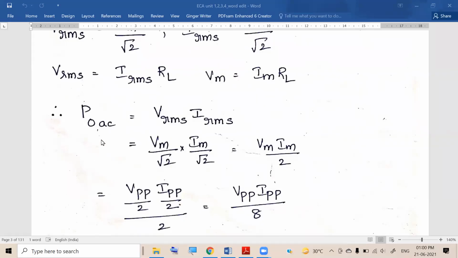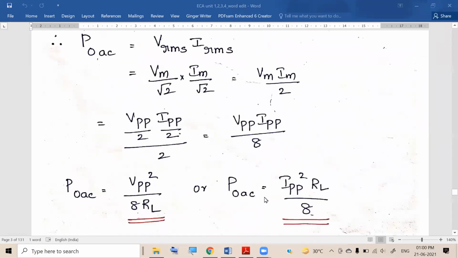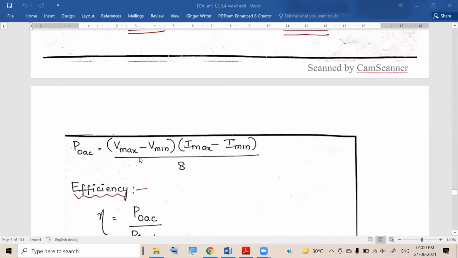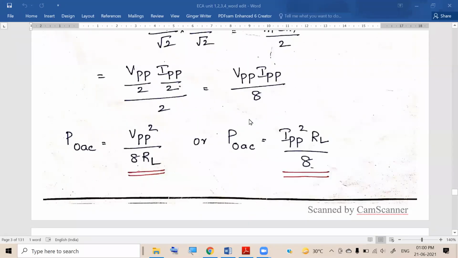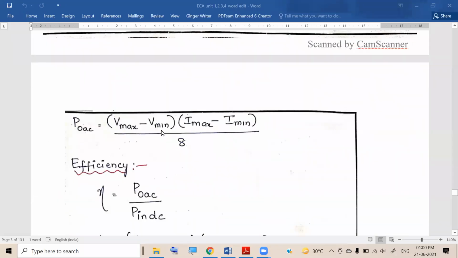So output AC power becomes VPP into IPP by 8. Now we have to substitute VPP, which is V max minus V min, and IPP, which is I max minus I min. So we can write it as V max minus V min into I max minus I min by 8.